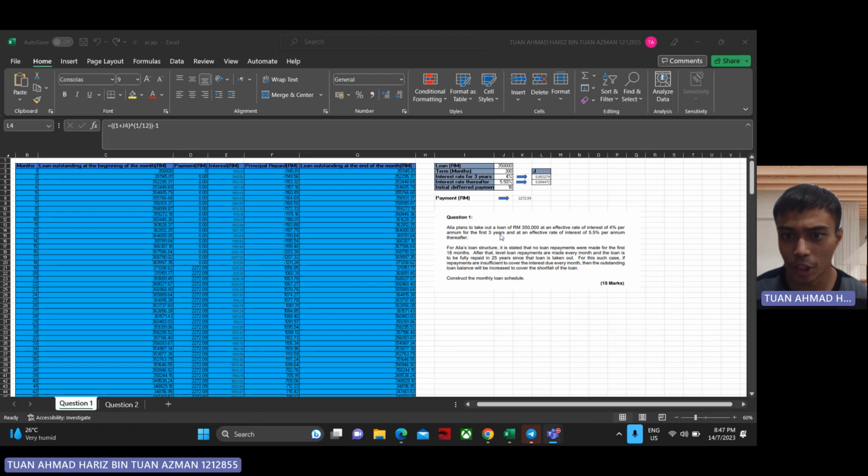From the information given, we can calculate J from the interest rate.